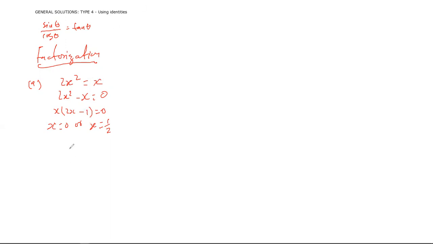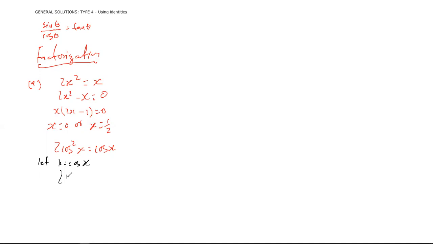Now, what happens if I give you this equation: 2 cos squared x equals cos x? It looks scary, but be not dismayed. It's the same thing. Suppose you take cos x to be k.